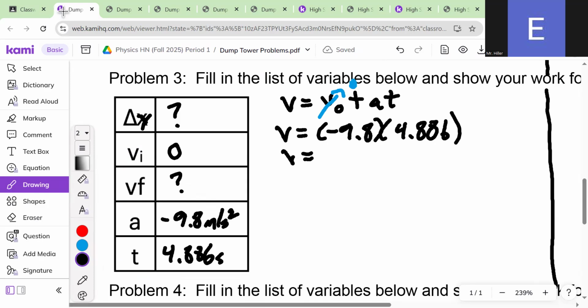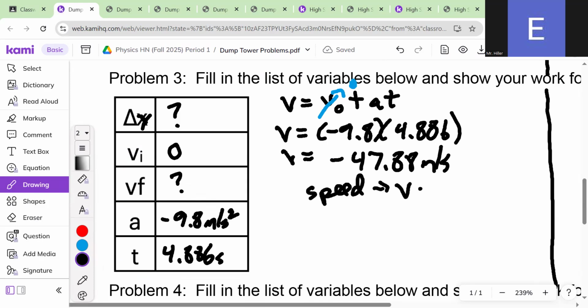We get negative 47.88 meters per second. Now that's the velocity. The speed, right, would be just the absolute value of that, 47.88 meters per second. No negatives.